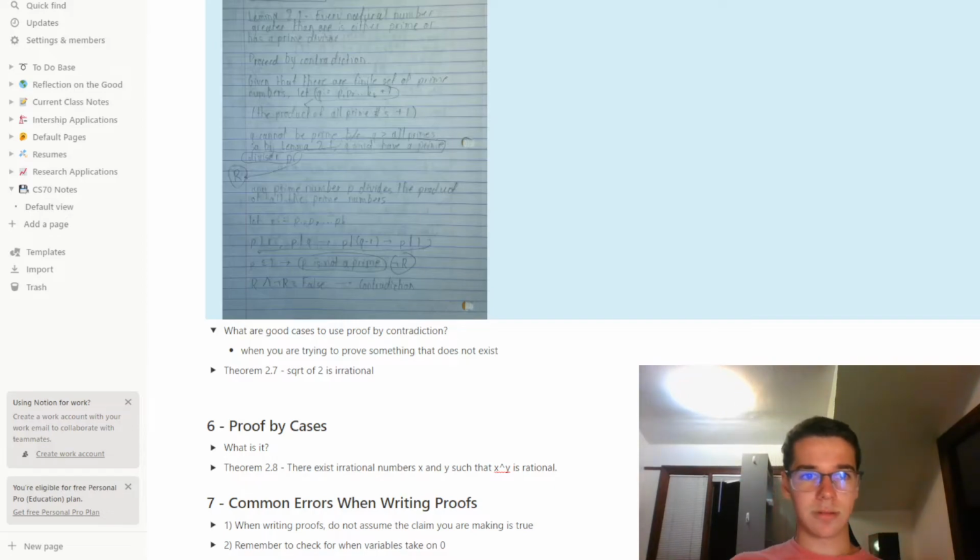In order for something to be rational, there are two integers, a and b, such that a divides b, and a and b share no common factors.